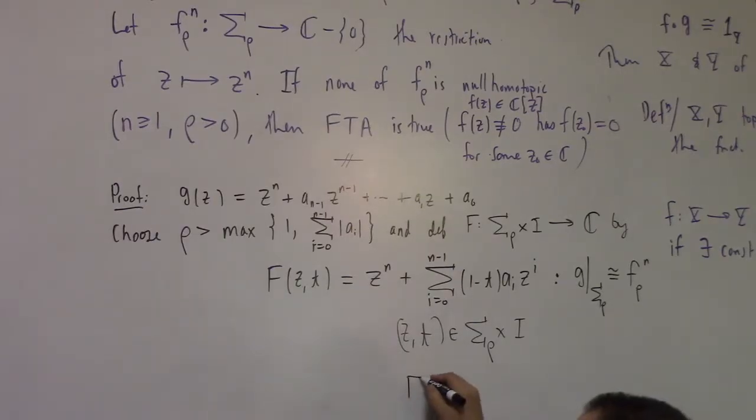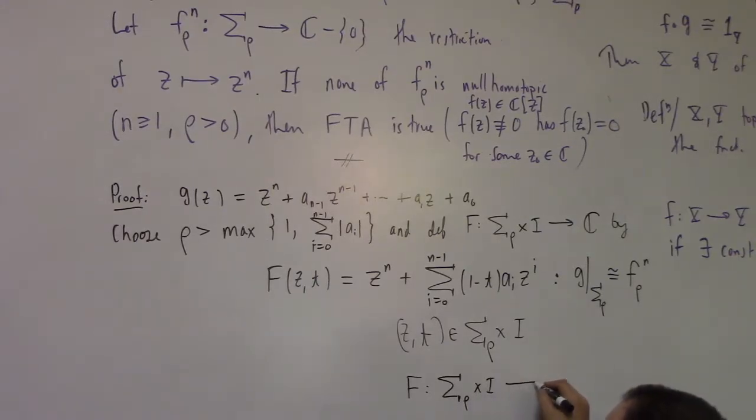And that's what he's doing in that paragraph. Now, why do we need that? Sorry, I missed something. You said it has to map to c without 0? Yeah, well, for one, the f_n rho maps to c without 0, and the g as well, I think. Yeah, the g as well.